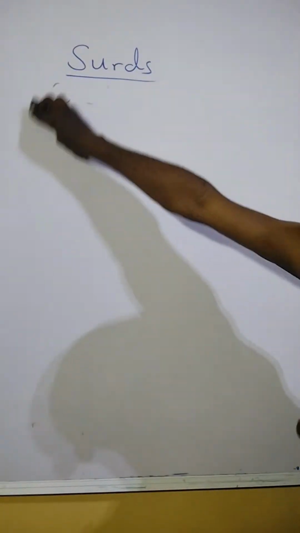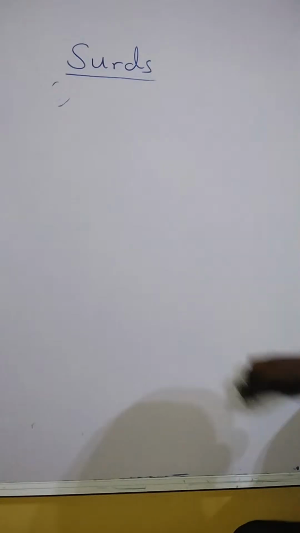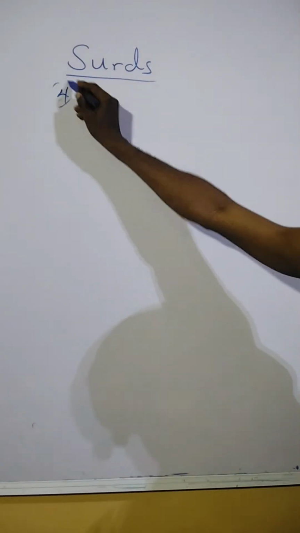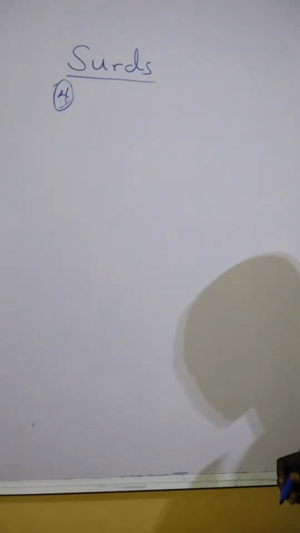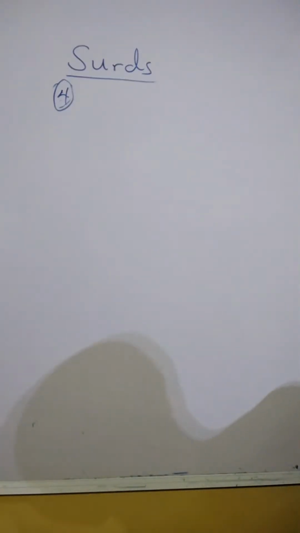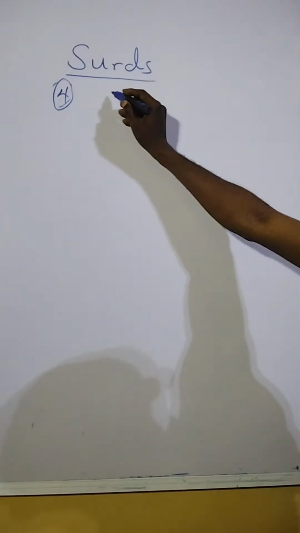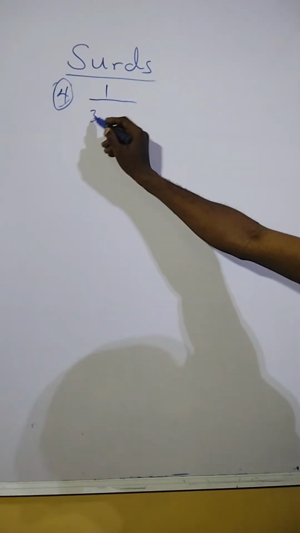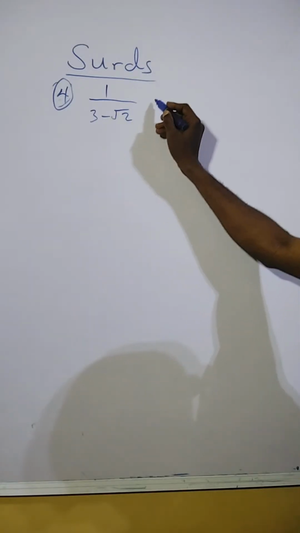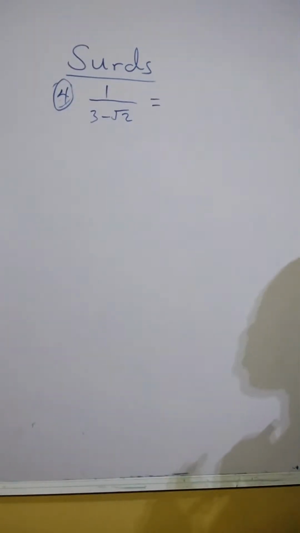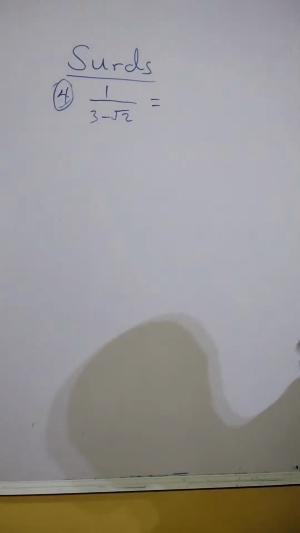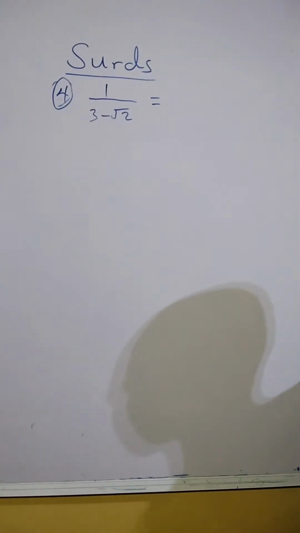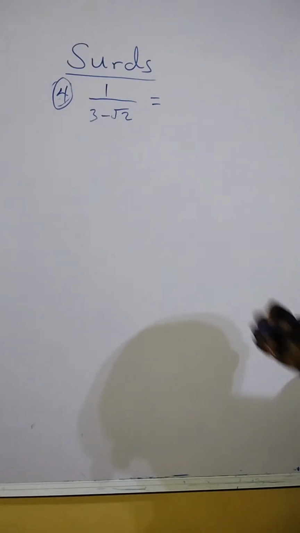So number 4 now. We have also a very simple one. 1 divided by 3 minus root 2. We also rationalize this particular sum and multiply the numerator and denominator by the conjugate of the denominator.